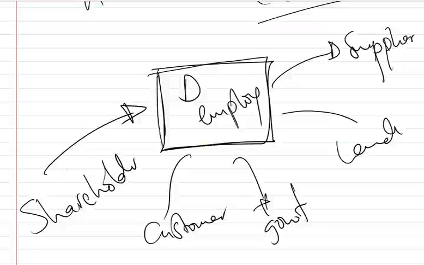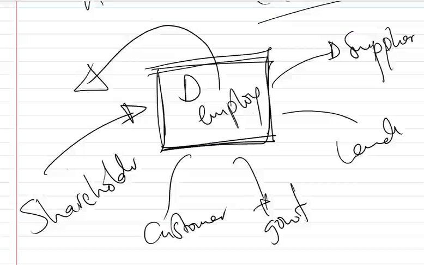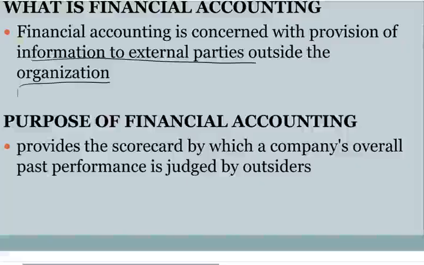But because they are outside the organization, they don't know how the company is performing. So the people inside the organization are providing the external people with information of how the company has been run. So that's about financial accounting.